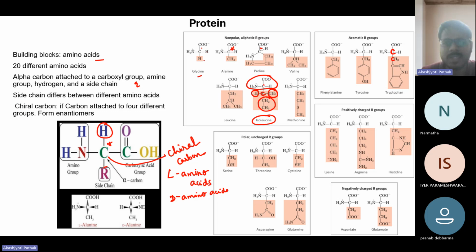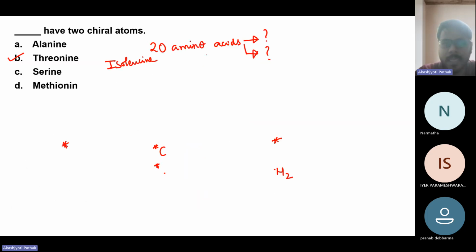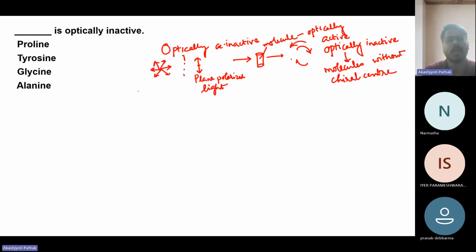So in this case, this carbon is not chiral. Glycine is the only amino acid which does not have any chiral carbon, because its side chain is a hydrogen atom. The answer is glycine. So glycine is optically inactive because it does not have any chiral center.